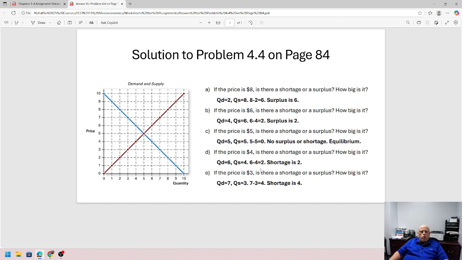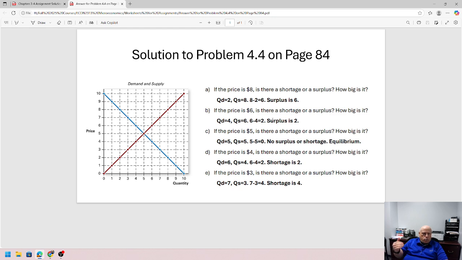All right, so on this one, what it wanted you to do, it gave you a graph showing a demand curve and a supply curve, and at various prices, it wanted you to tell me whether there's a shortage or a surplus in the market and how big it is. Okay, so for the first one, it said if the price is $8, is there a shortage or a surplus, and how big is it?